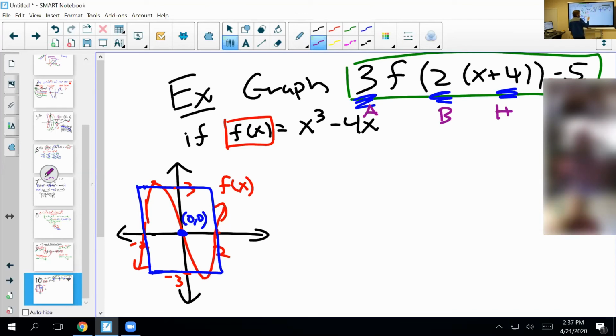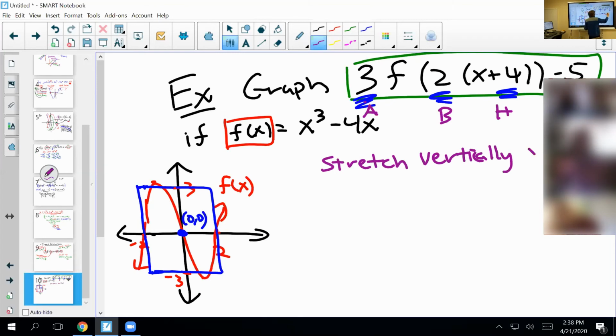So based on what I just told you, this A value of 3 is going to stretch vertically by multiplying times 3. That's what that's going to do.